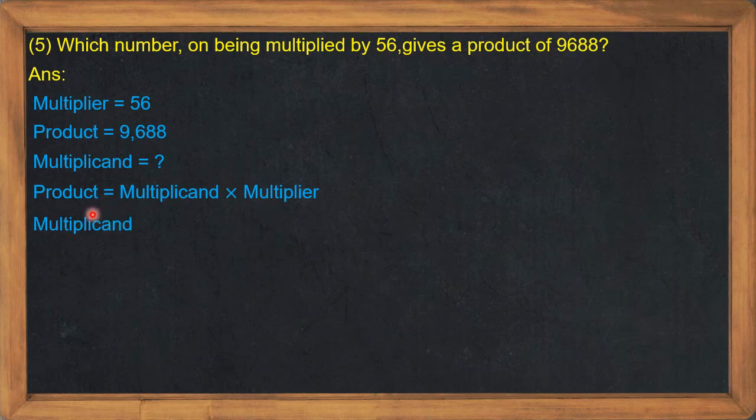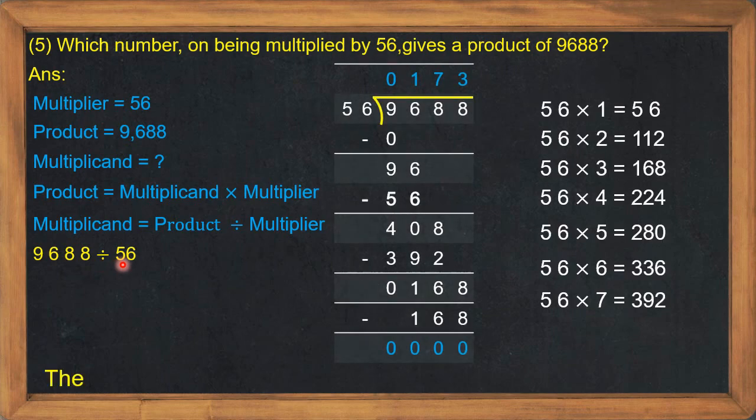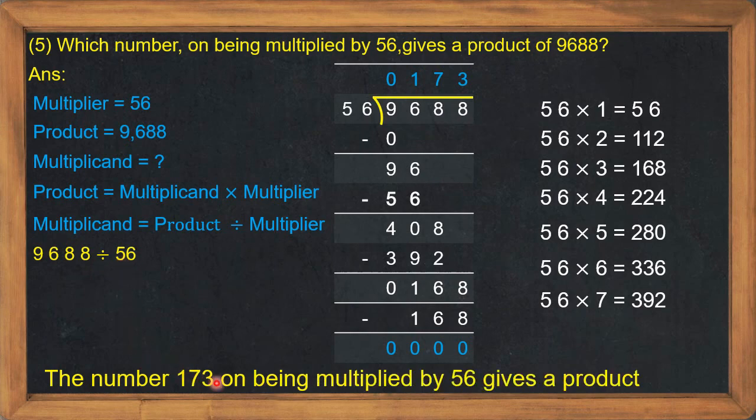So, let us divide the product by multiplier to get the multiplicand. So, let us divide 9,688 by 56. So, here we get 173 on being multiplied by 56 gives a product of 9,688.